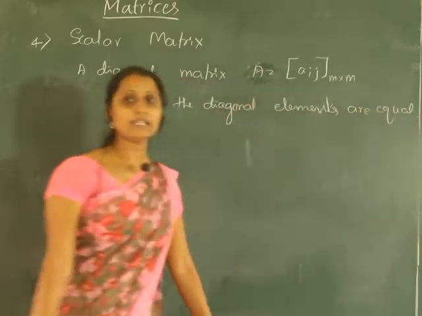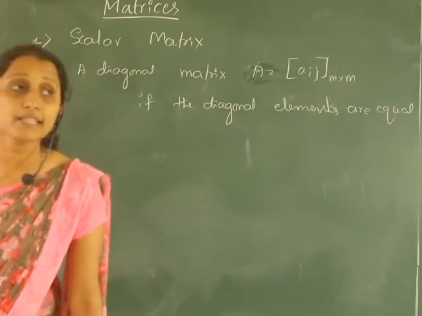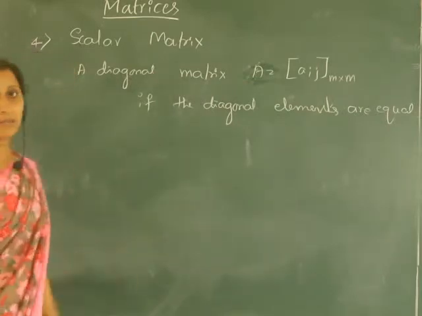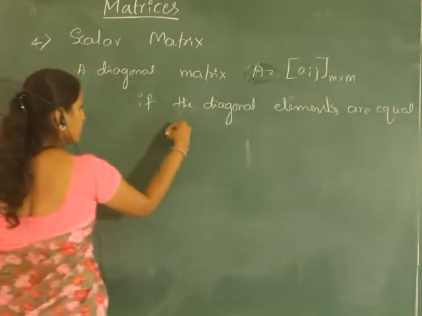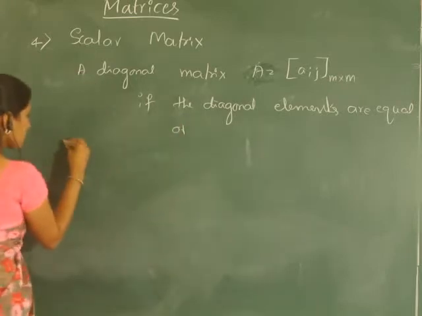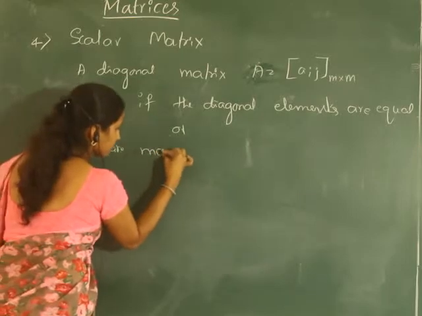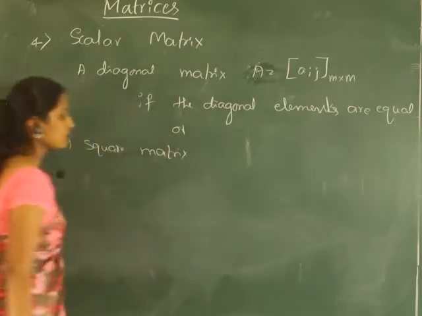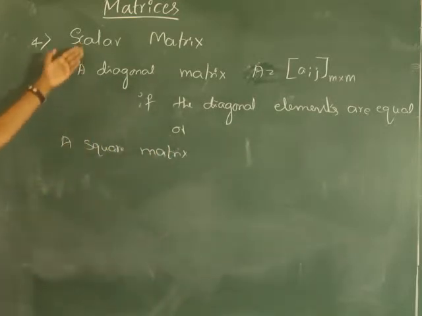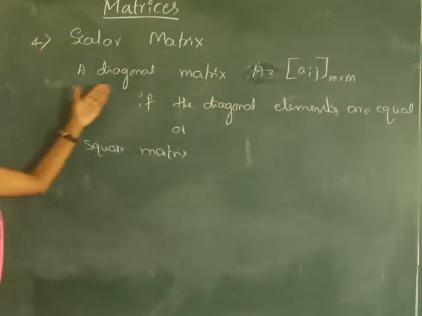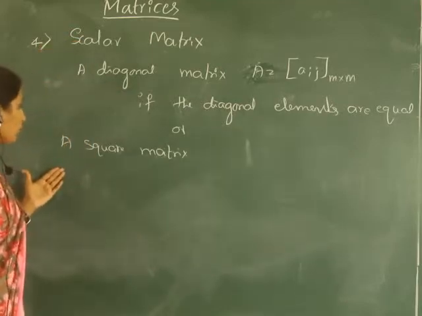If the diagonal elements are equal in a diagonal matrix, then it is called a scalar matrix. This is one definition. One way we can define scalar matrix in terms of diagonal matrix, and one more in terms of square matrix.